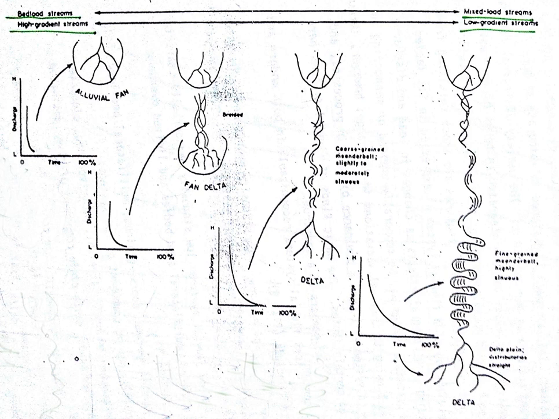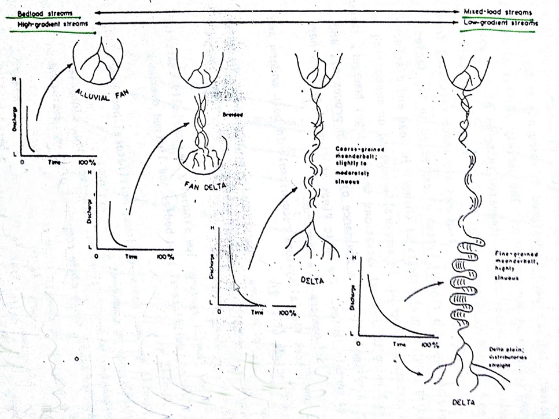Rate of discharge is plotted against time, and when the river is in its initial stages, when it is in the younger stages, close to the alluvial fan, when it is associated with the alluvial fans, mostly in case of braided river systems, if you see carefully, the rate of discharge is high but the time is short. So during a short period of time, large amount of sediments are deposited. So this is seasonal or ephemeral discharge. Large amount of sediments being transported and deposited in a short duration of time.